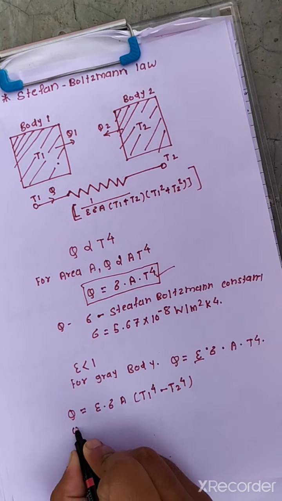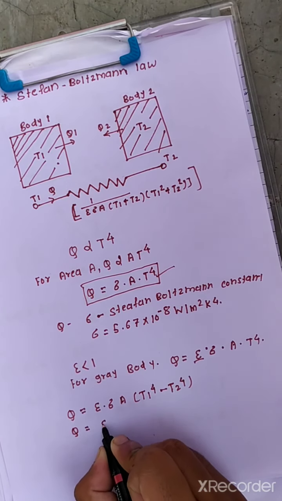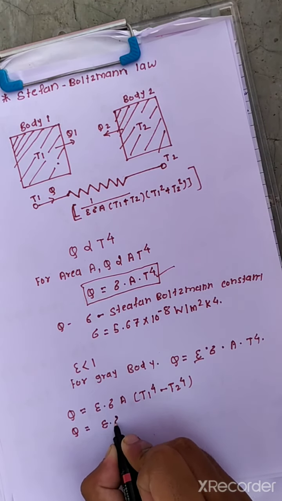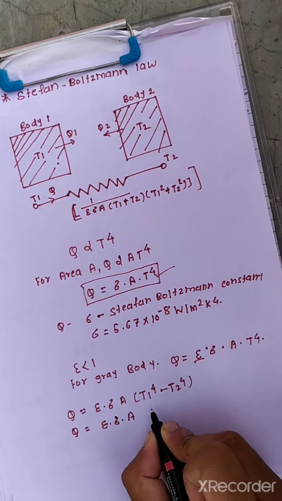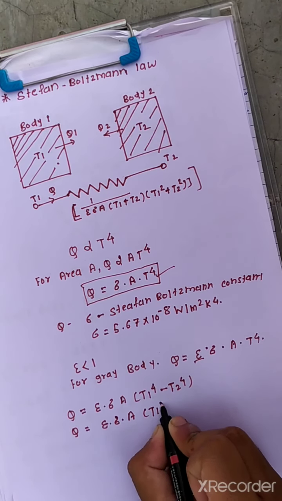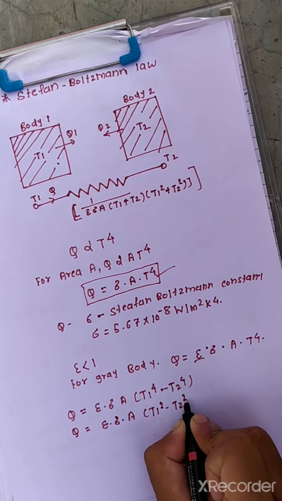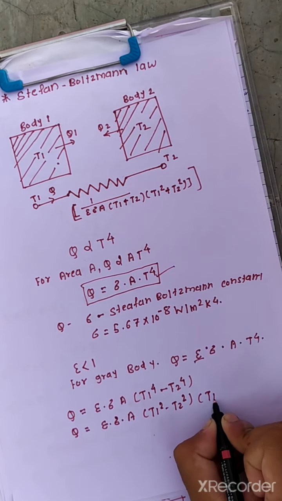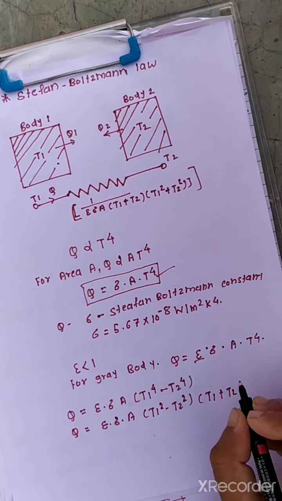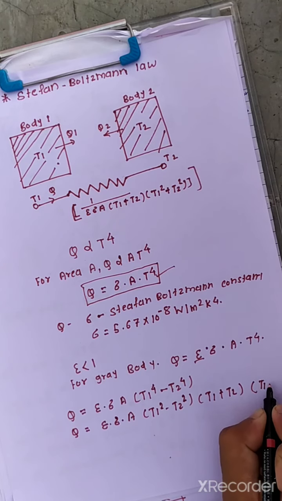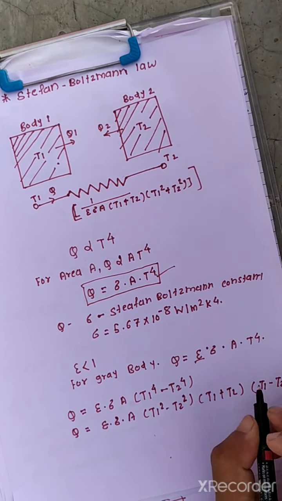After rewriting this equation, Q is equal to eta into sigma into A into (T1 square minus T2 square) into (T1 plus T2) into (T1 minus T2).